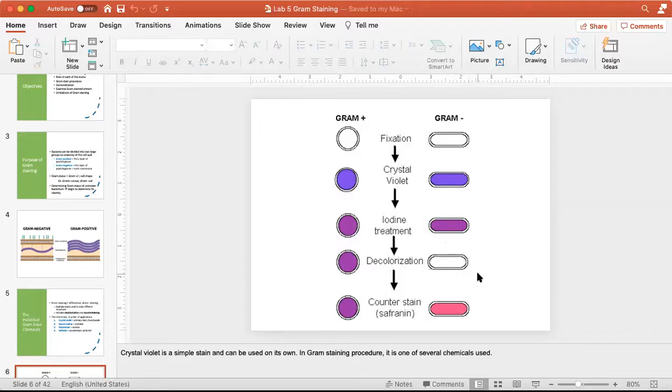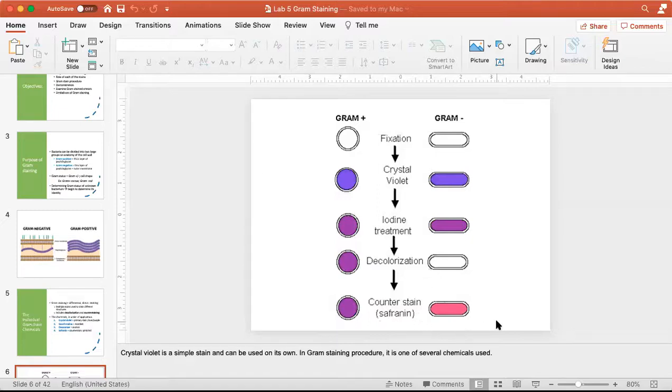Now we're ready for our last step, which is to apply the safranin, which is a counter stain. The Gram-positive cells are not going to pick up any of this pink-red color because they're still stained with crystal violet. The crystal violet is still adhering to the peptidoglycan. But those Gram-negative cells are going to turn that pink-red color.